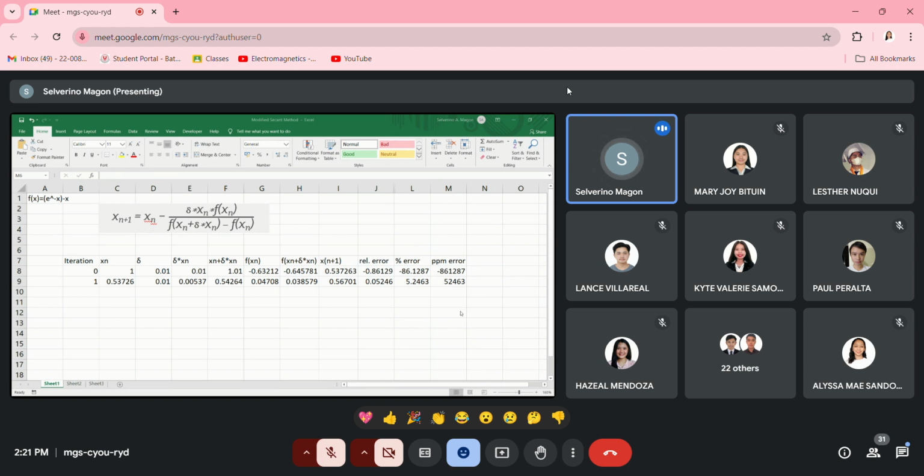Square root of 415 in spreadsheets, and come up with the number of terms required to arrive at an estimate or approximation with error less than 1 ppm. If you have questions, concerns, or if you need further clarifications, just post your comments in the chat box.